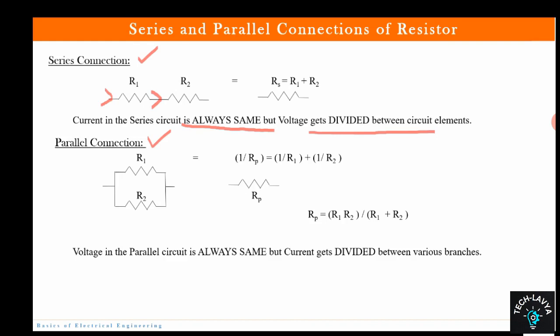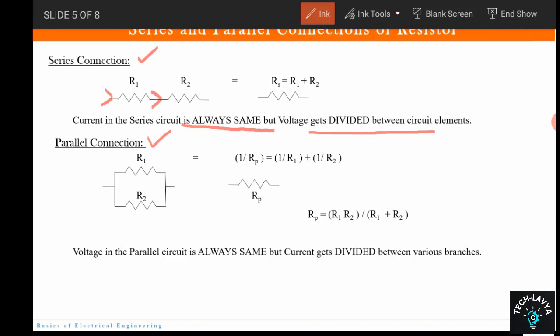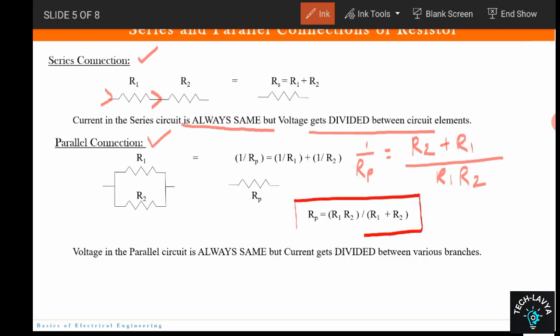When you take the LCM, you get 1 upon Rp is equal to R2 plus R1 upon R1 R2. When you take the reciprocal of this equation, you get Rp is equal to R1 R2 upon R1 plus R2. So this is how we calculate the parallel equivalent resistance.